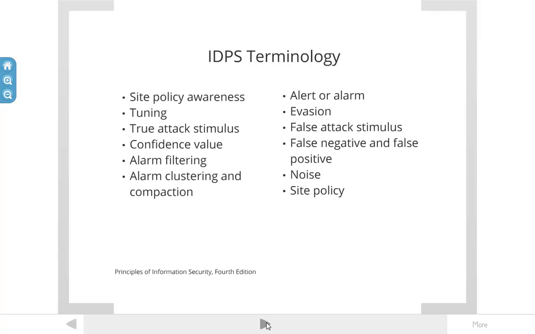So let's walk through some of the terms involved in today's chapter. How about evasion? How would you describe evasion as it relates to intrusion detection and prevention systems? Avoiding detection. Very good. Yes. And how could a hacker try to avoid detection?